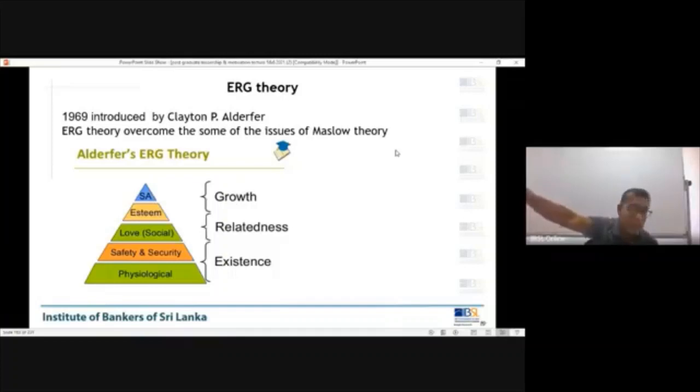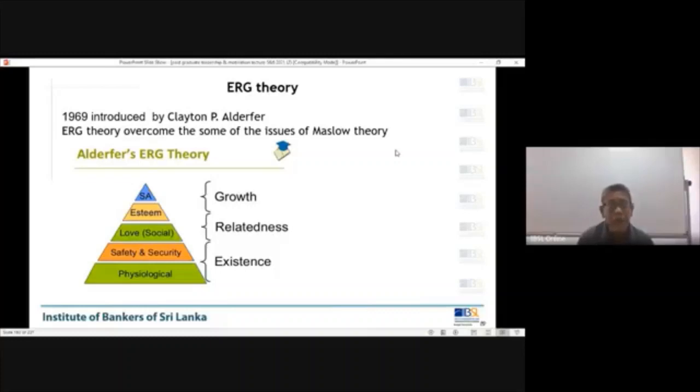According to Maslow, you need to take one factor at a time: first physiological, then you satisfy it, and only then can you go on. But Alderfer removed that part. One or two needs can be active simultaneously in the employee's mindset.